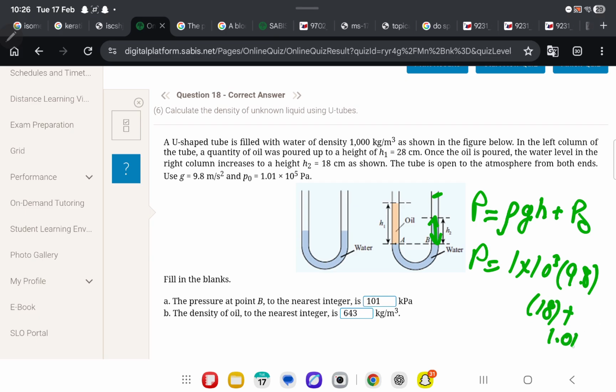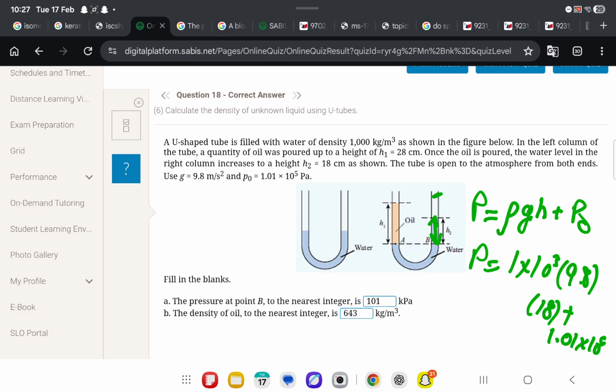Now do this: you'll get 1 times 10 to the power of 3 into 9.8 into 18 plus 1.01 times 10 to the power of 5. Wait, I did something wrong. This is 0.18, not 18. I keep making the mistake.